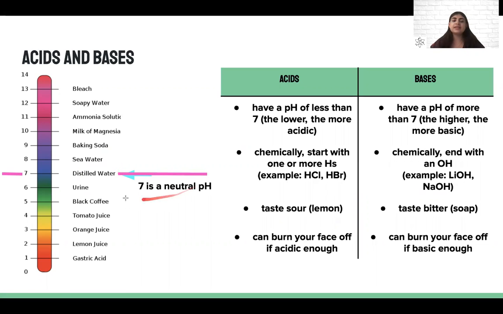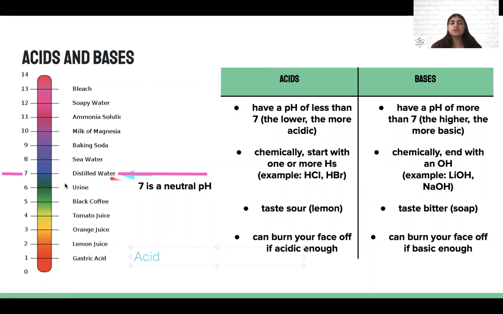So what that means is, you remember how we talked about how protons have positive charges and electrons have negative charges? Well, a pH of 7 is neutral, just like neutrons, just no charge. It's not an acid, it's not a base, it's just neutral. Now, anything below that is going to be an acid.